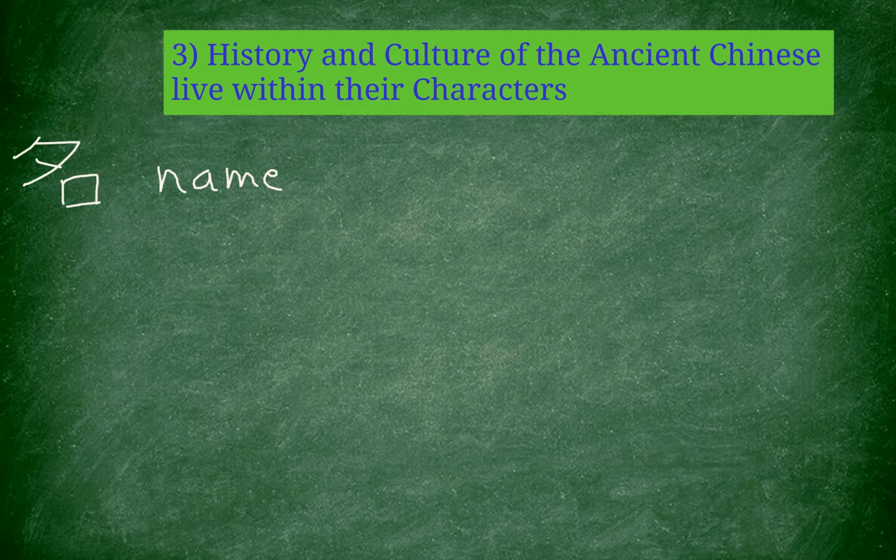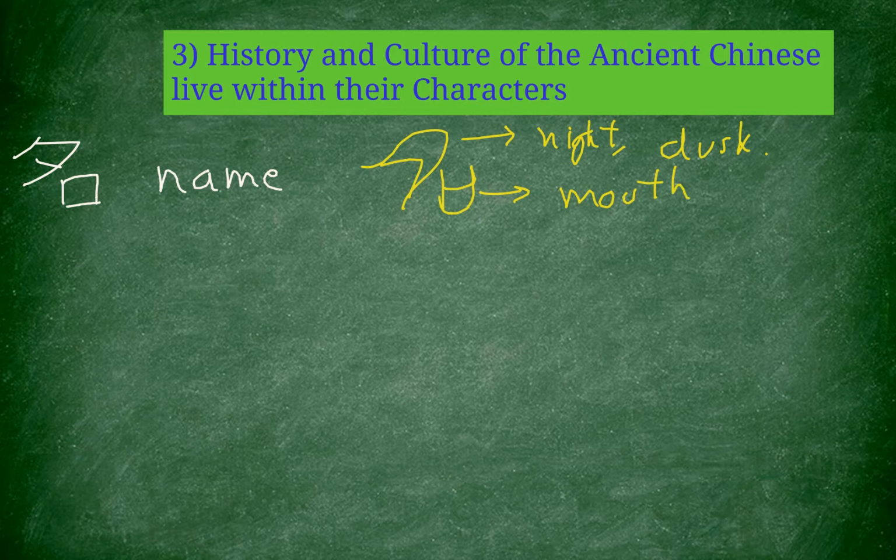The primitive meaning is as such. You have 2 things. Night, the moon, representing dusk, and then you had a mouth.